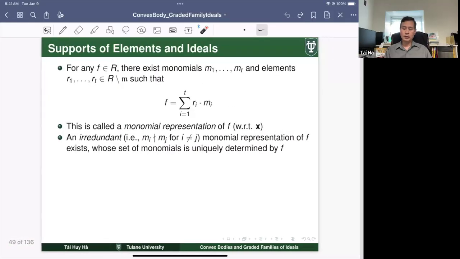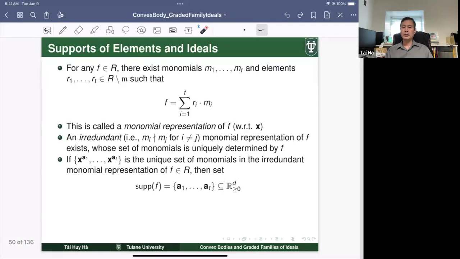In other words, we don't allow these monomials to divide each other. And once we look at this irredundant representation, we call the unique collection of monomials appearing in the representation the support of the element f. So the support of f in this case is just the collection of exponents appearing inside its monomial representation.